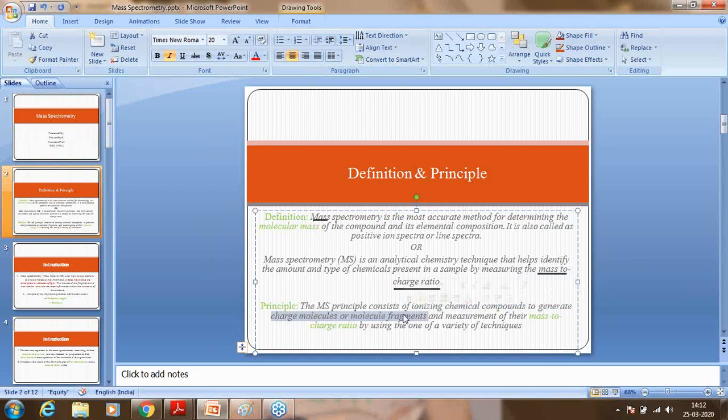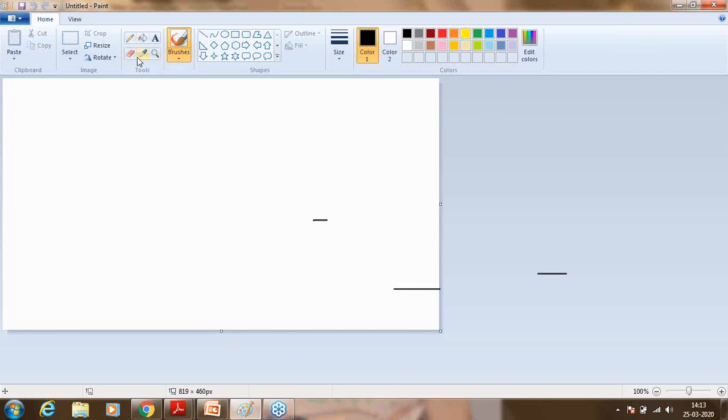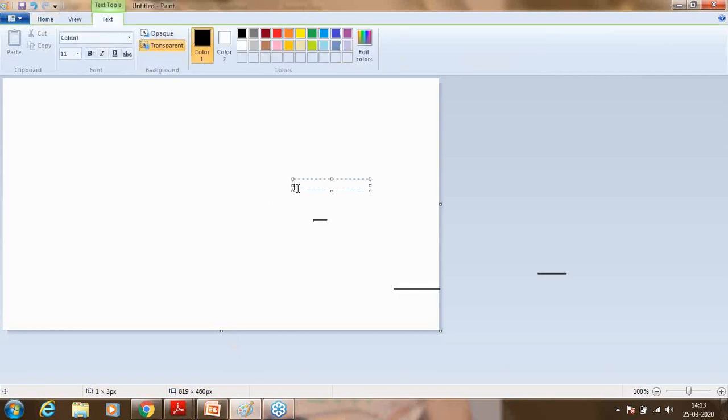Generally, the samples are converted into charged species by bombarding them with fast moving electrons. We will discuss this later on, but here just understand that the sample is converted into ionizing chemical compounds by putting it into the ionizer, and after the formation of these molecular fragments, we measure the mass to charge ratio, m by z.